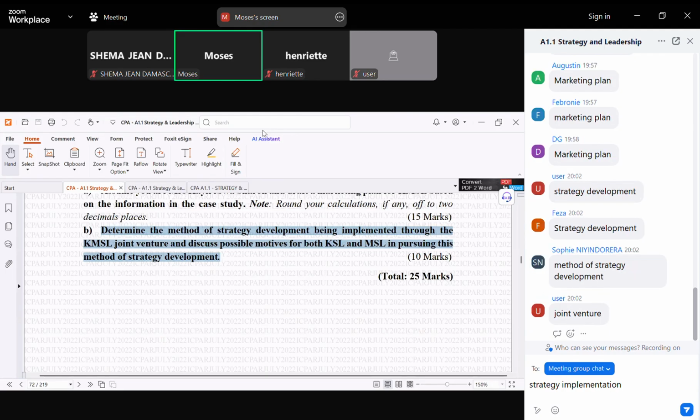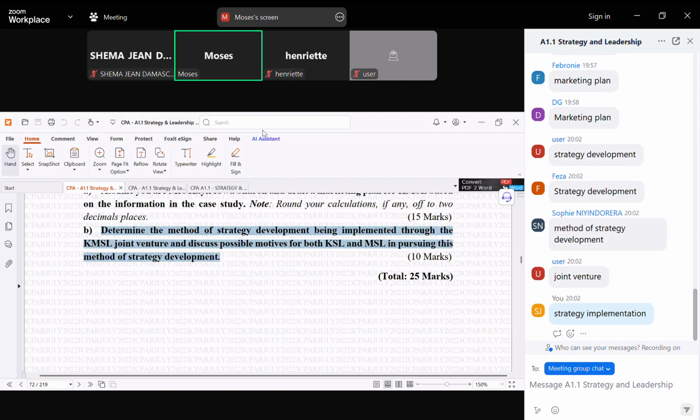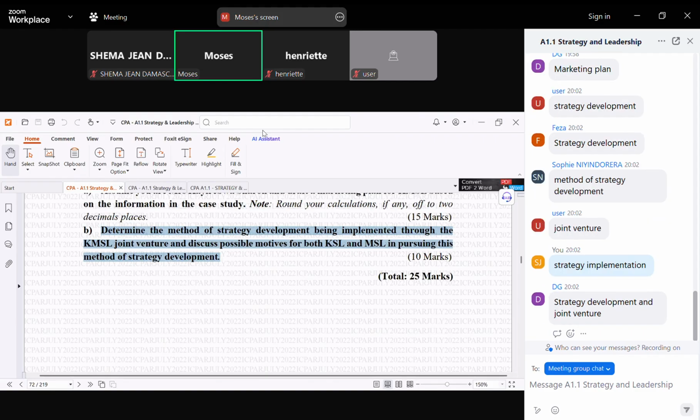What is the key concept? Determine the method of strategy.